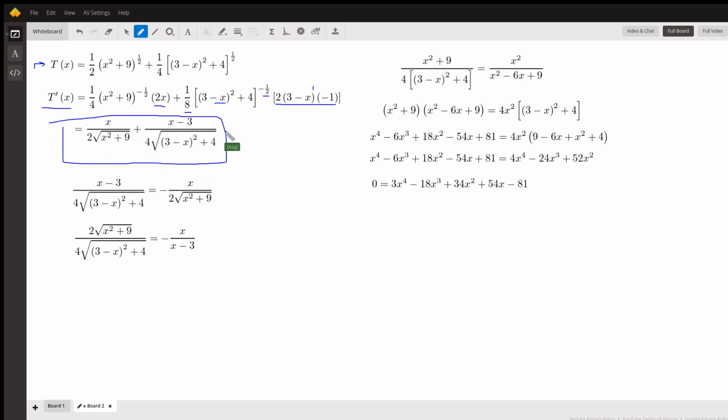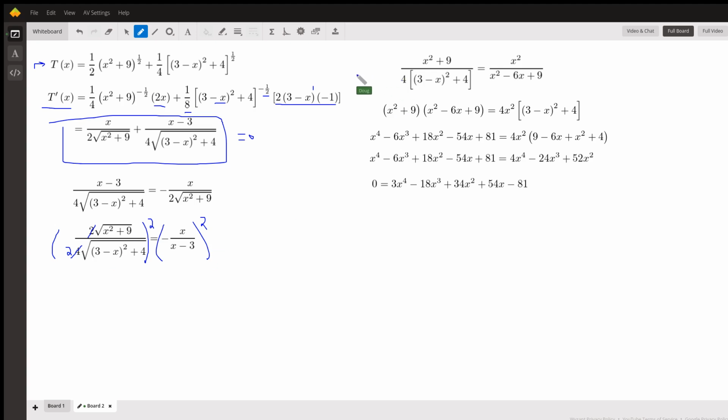Now the question is, if you set that equal to 0, what's the best way to solve that? Well, there's a whole bunch of different ways. My suggestion is maybe to get the radicals so they're on the same side and part of a fraction. These cancel. Now, if you square both sides, that will eliminate the radicals.